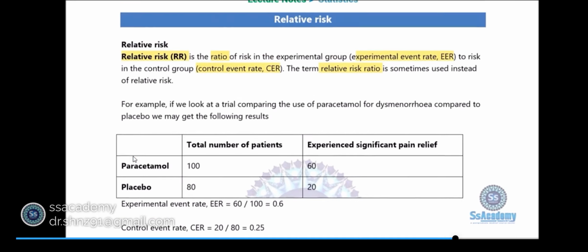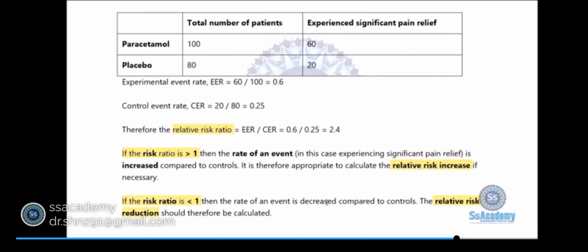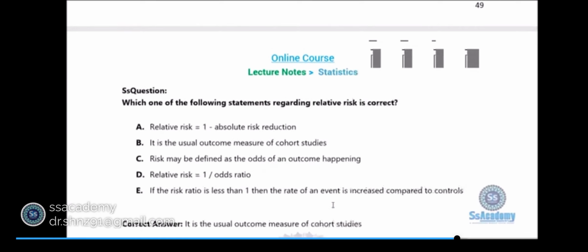So, once again, the summary box: relative risk is the experimental event rate divided by the control event rate. If it is greater than 1, the relative risk increase should be calculated, and if the risk ratio is less than 1, the relative risk reduction should be calculated.